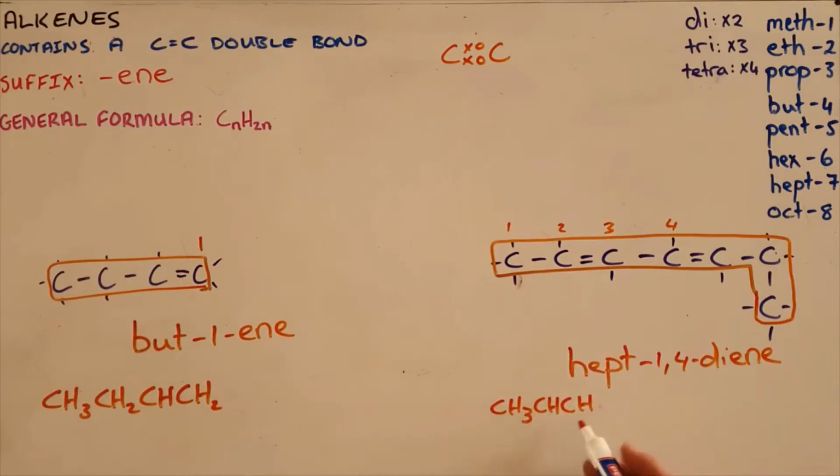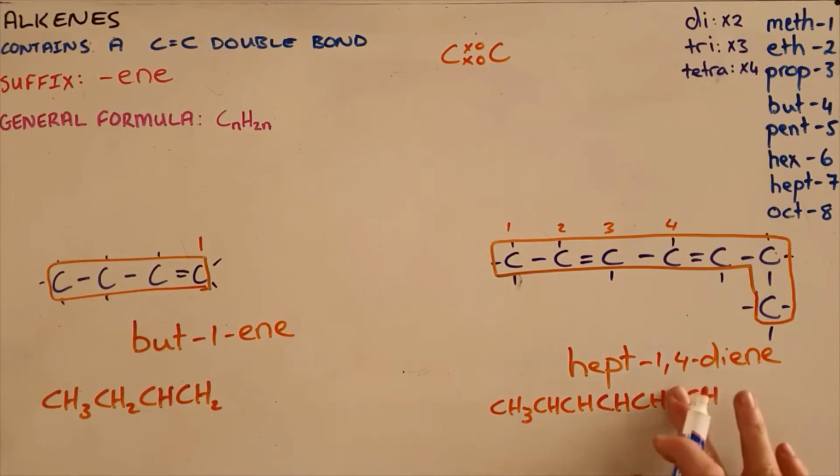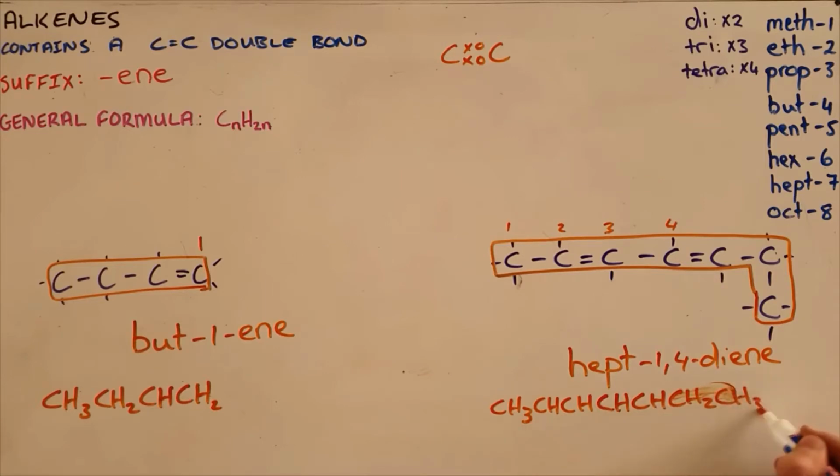We can see that each of those carbons is one bond short, followed by once again a CH, CH, and then CH2, and then CH3.